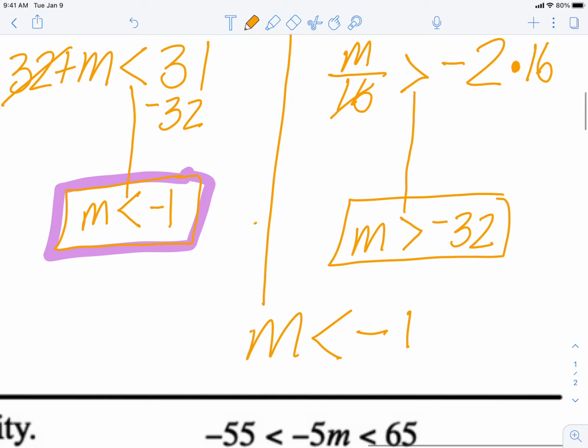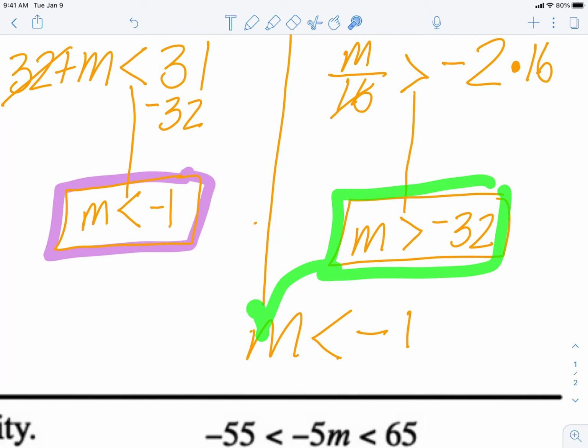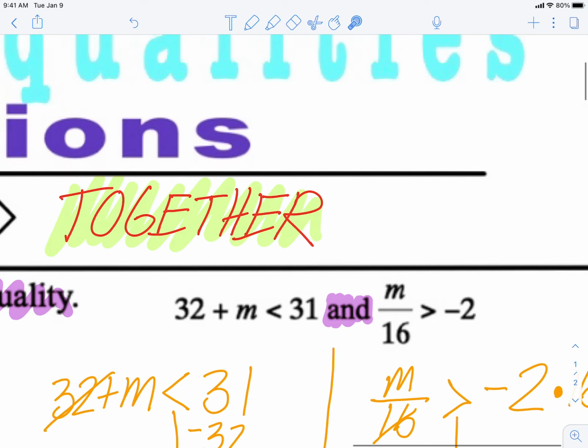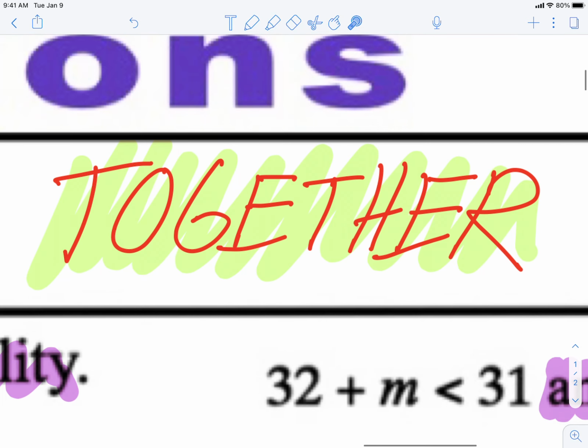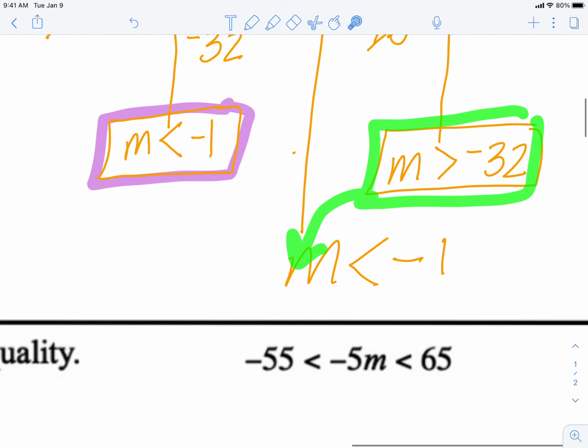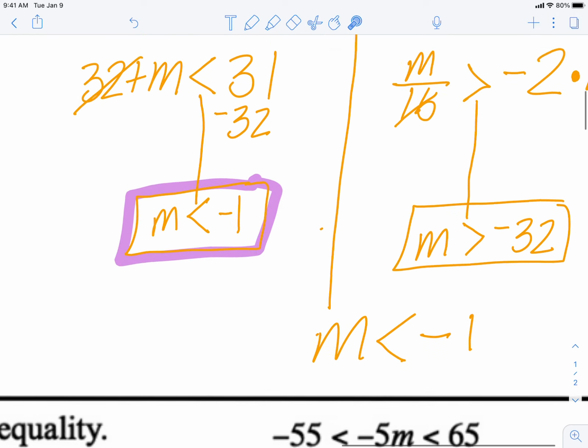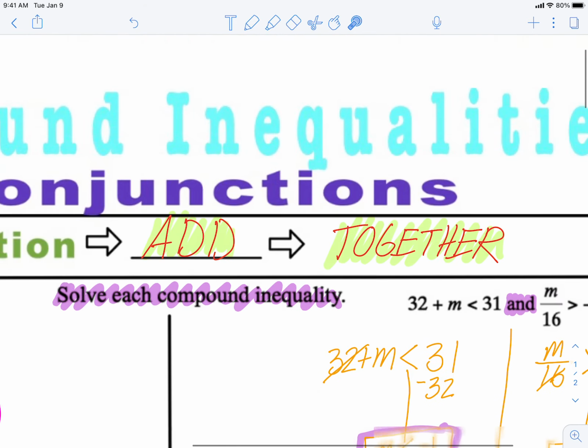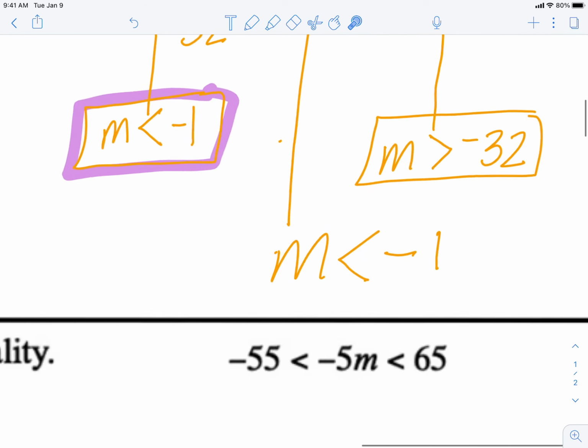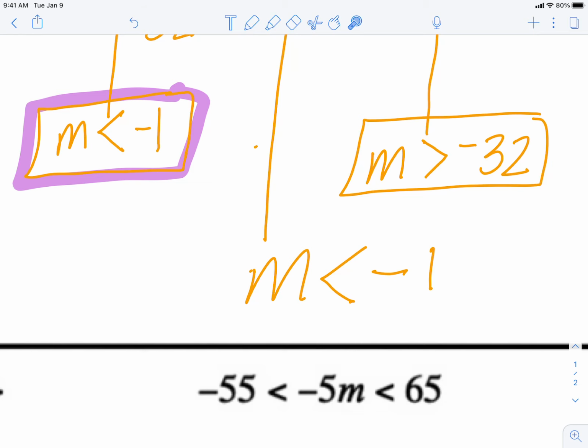So now I want to write this one here together with it. Remember, together is our key term, which means conjunction, right? Conjunctions mean together. So remember, I'm going to bring my arrow over, but I've got to flip it. So I'm going to flip that arrow, and I'm going to bring negative 32 over.